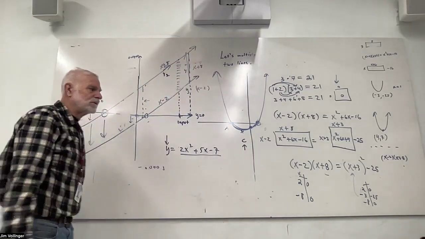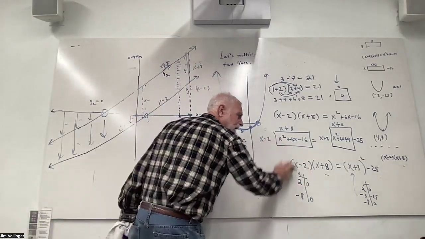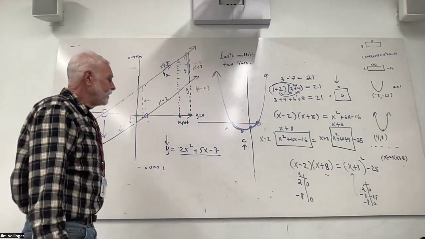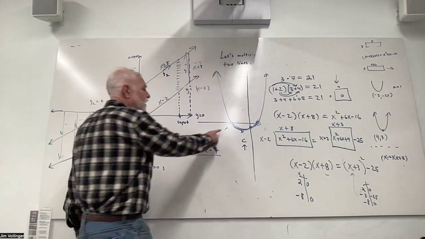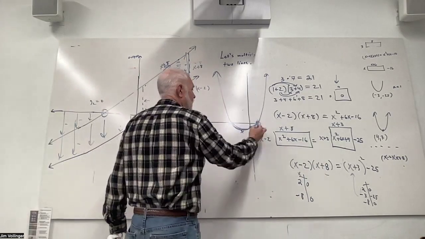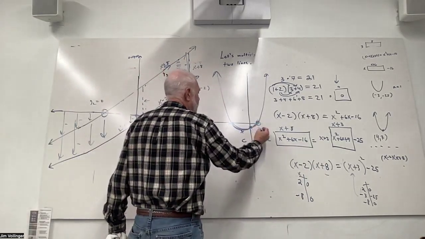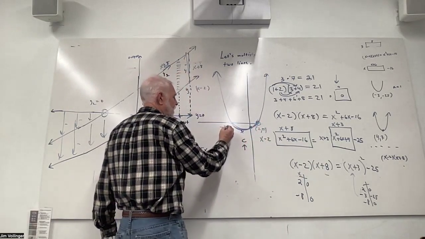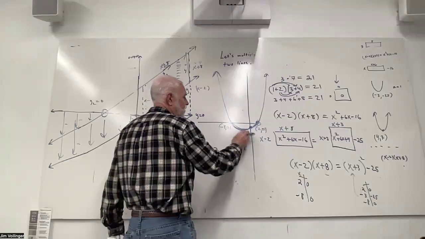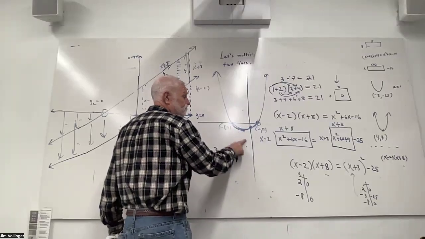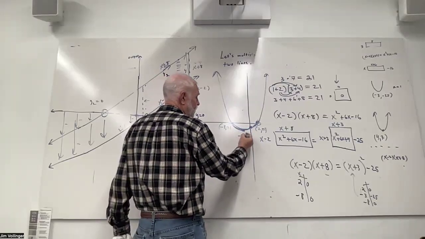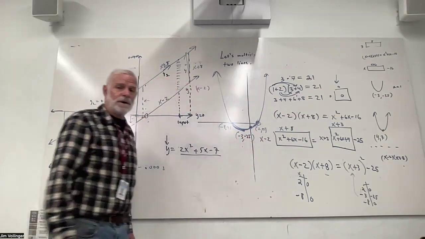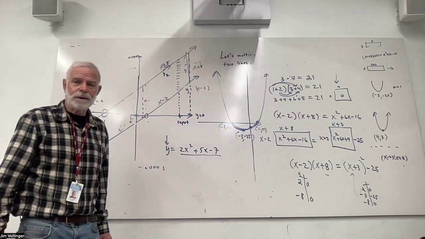And if I multiplied those two things together, I've been kind of analyzing it over here. Then I start to get this shape, and I know that at 2 I get a 0. I now know that at negative 8 I get a 0, and I now know at negative 3 I get negative 25. I can start putting a lot of information on the board.